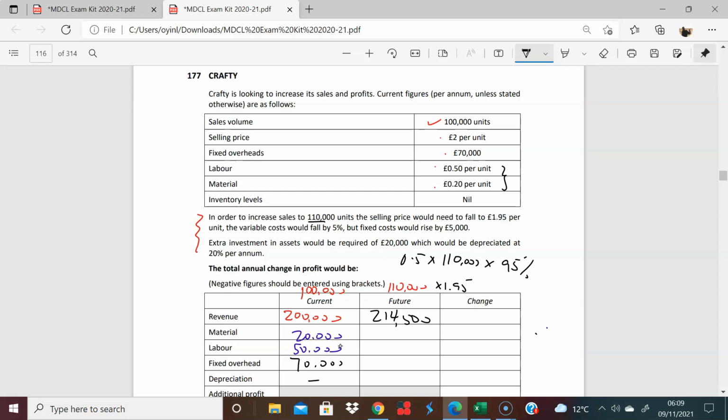That's what's going on for labor, and for material it's the same thing, because it tells us it'll fall by 5%. So let's do the material first. That's 0.2 times 110,000 times 95%, which is 20,900. And then I have my labor, which is 0.5 times 110,000 times 0.95, which is 52,250.